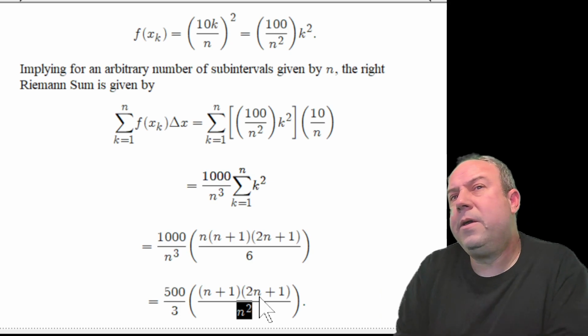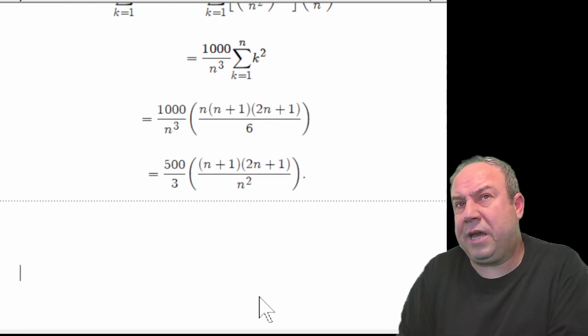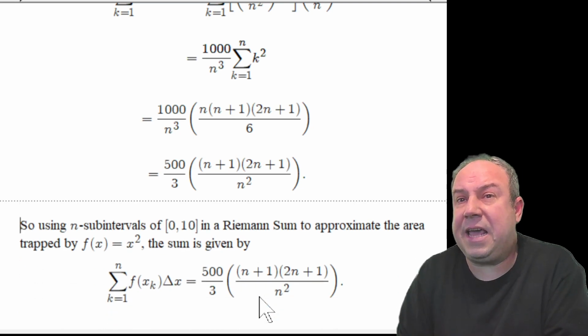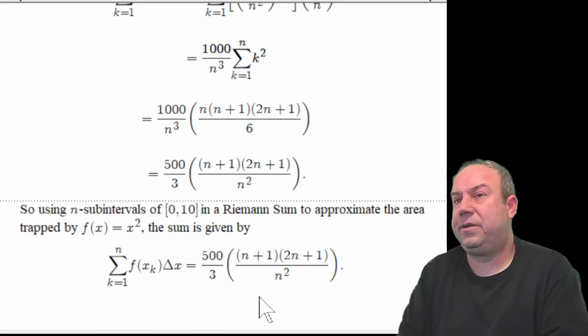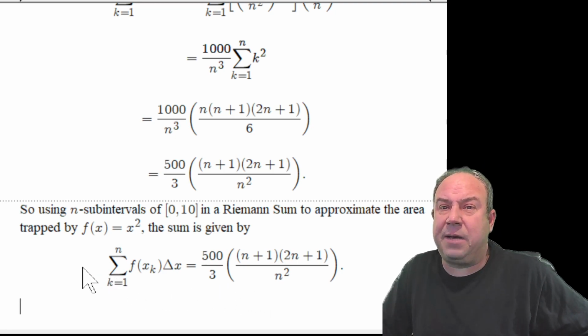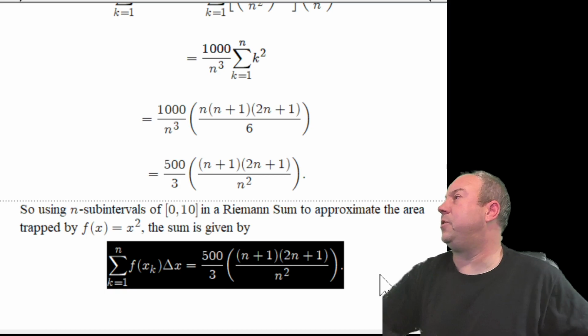If we think about it in general now, this is a Riemann summation calculation for using any n subintervals. In general, that Riemann sum is given by this formulation seen here.